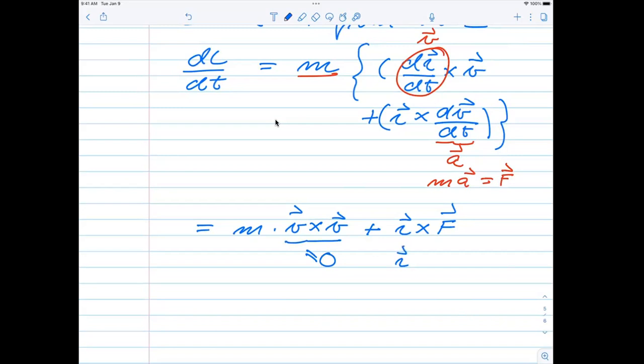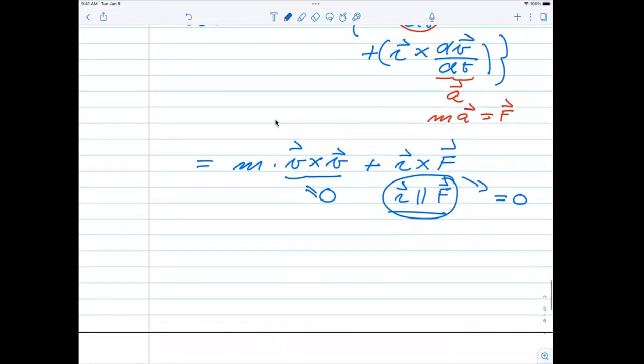Suppose r is parallel with F. What happens then? If we just look at this specific case, that's also zero. Exactly. So if the force is parallel with r, then this term is also zero, but only if this is the case. So the first term is definitely equal to zero. That will always be equal to zero, and we can just leave it out.